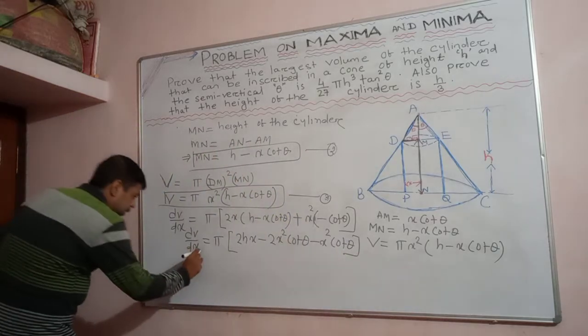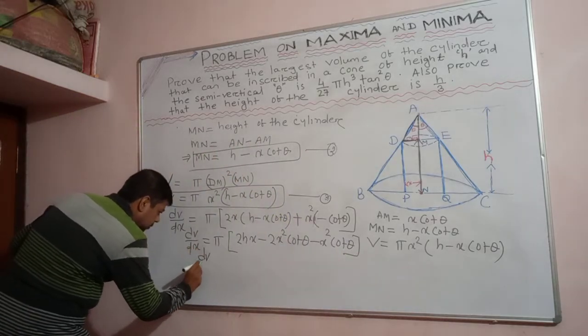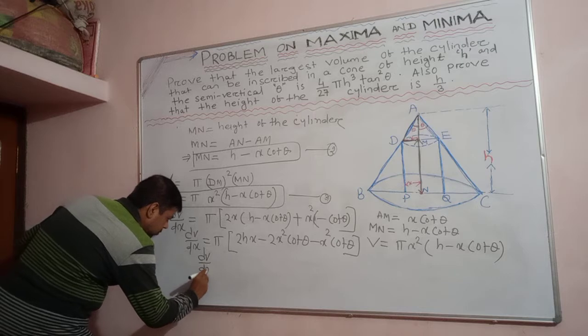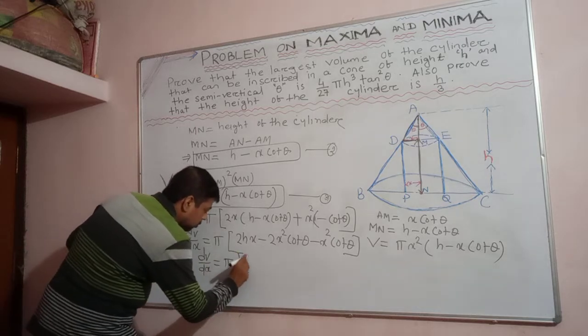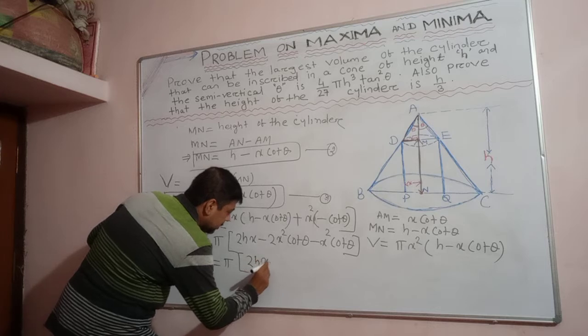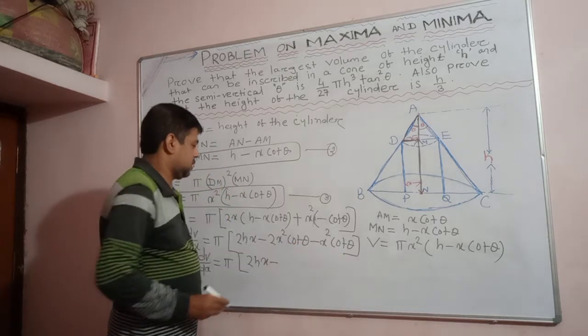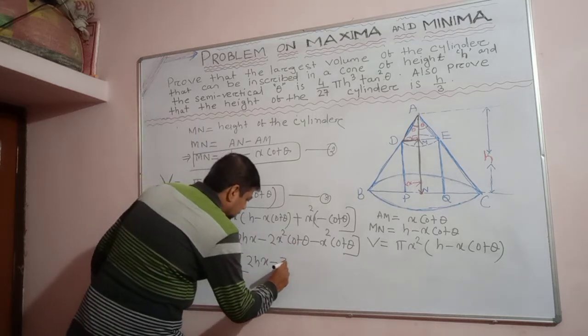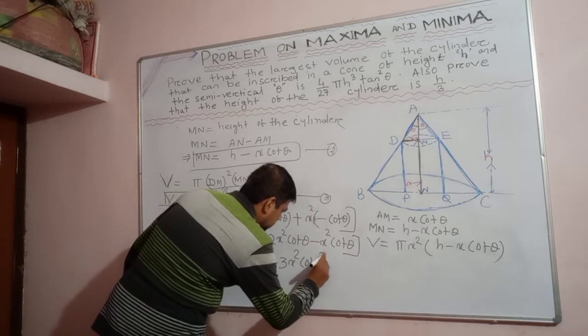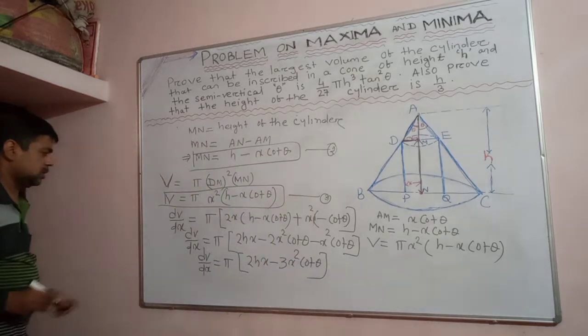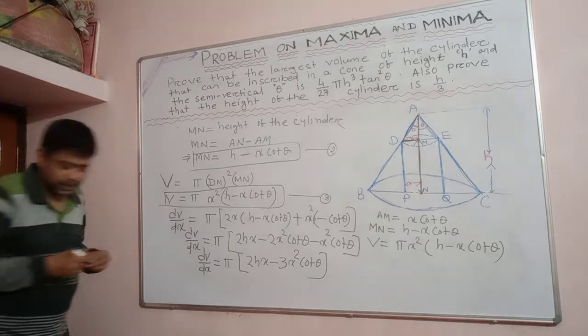So dV upon dx is pi times 2hx minus 2x square cot theta minus x square cot theta, and that is minus 3x square cot theta. Okay, so this is another point we got.